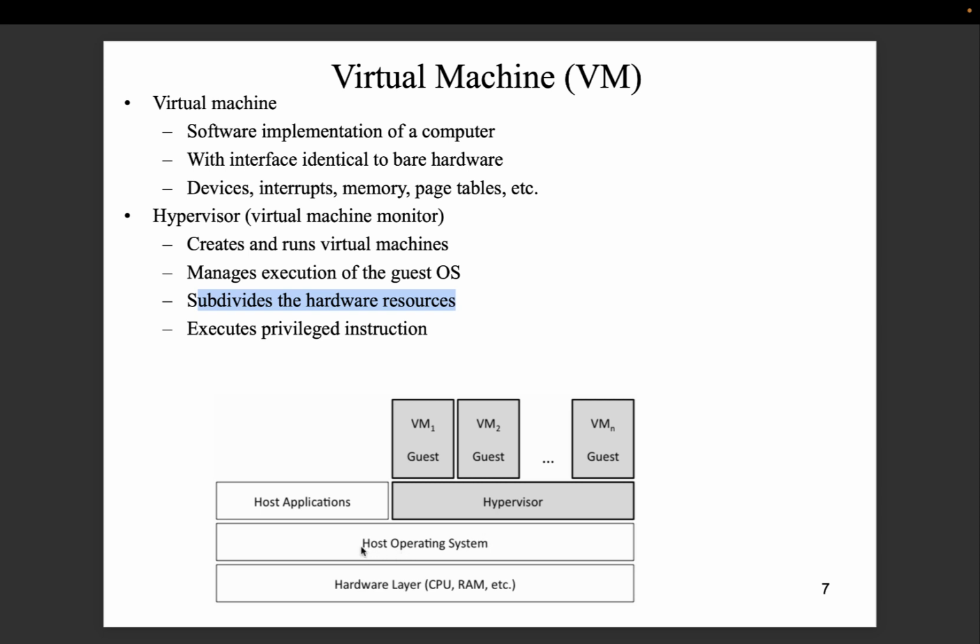Now, on top of this operating system, you're going to have the hypervisor, which is the software that allows you to create those virtual machines and manage those virtual machines. But these virtual machines are pretending to be real machines, right? They're just not real, they're virtual.